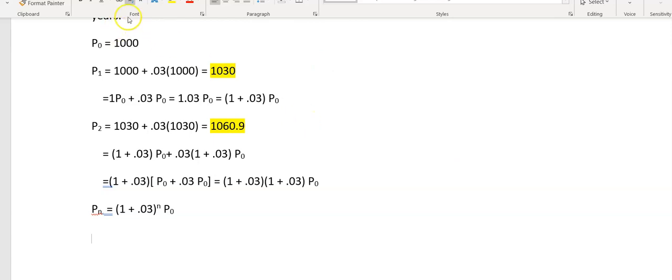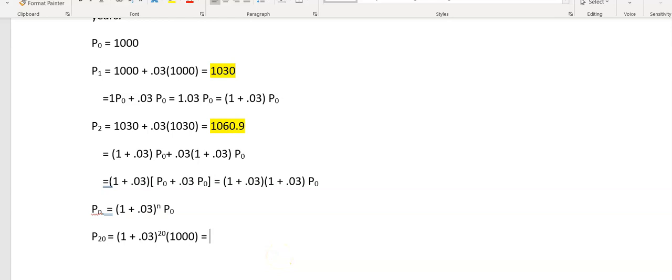We are going to replace our n with 20 in the formula. Notice I've replaced the n with a 20, and I've replaced p sub 0 with what p sub 0 was, 1,000. Now, we're going to work this out in our calculator, but I want you to be careful.